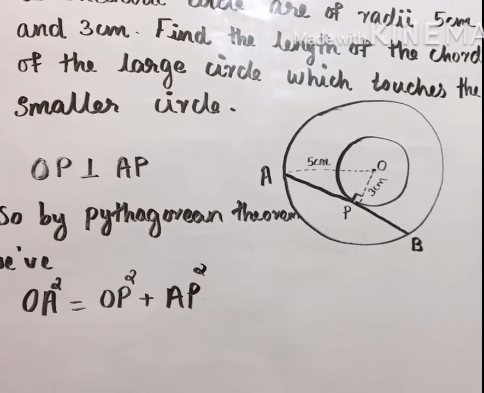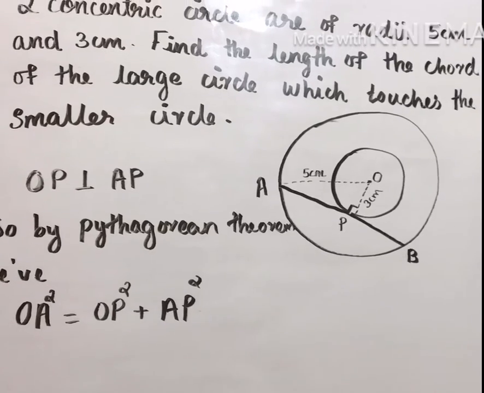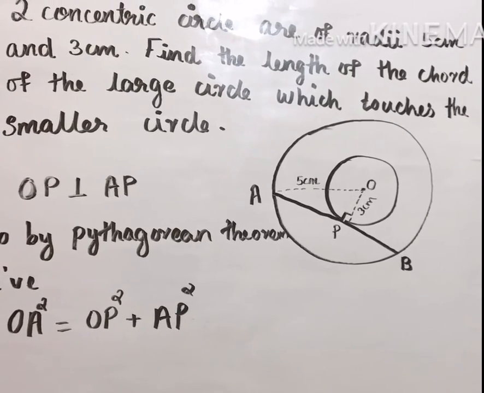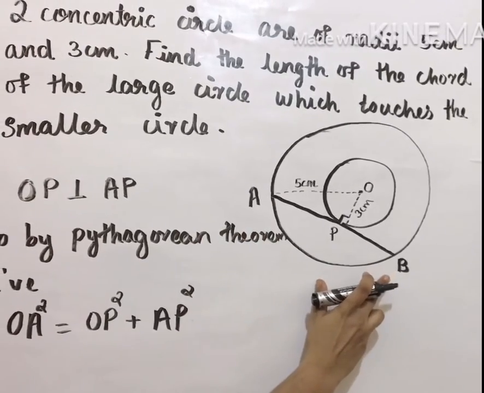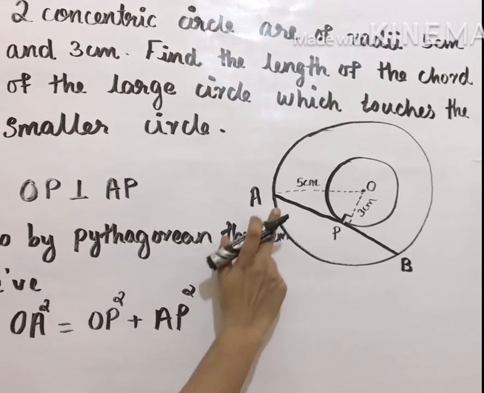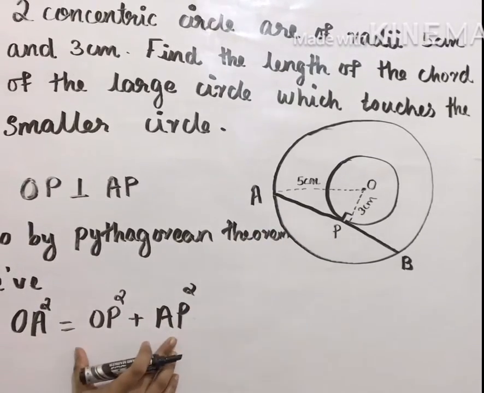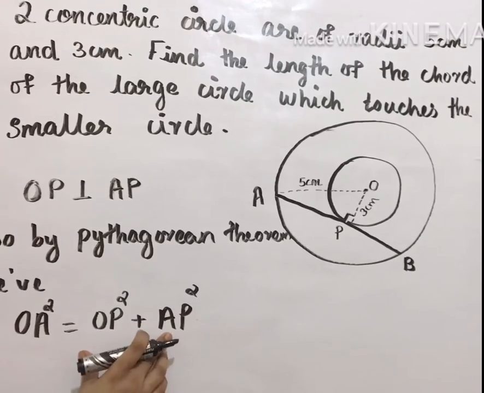Don't forget our question: we have to find the length of AB. Here we don't know the value of AP, so from this equation we can find the value of AP.